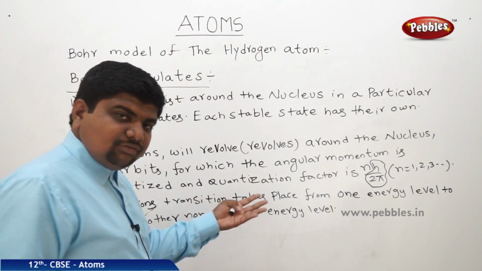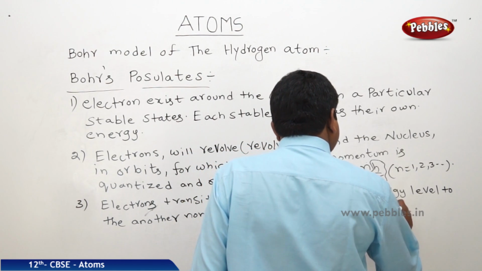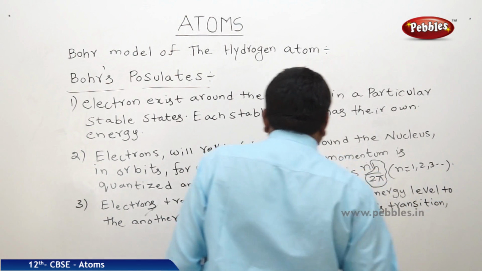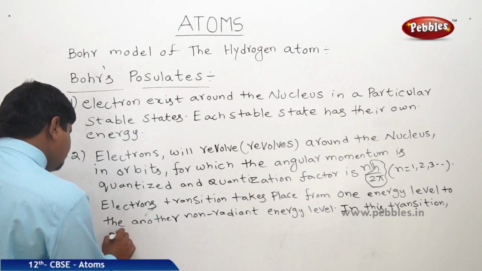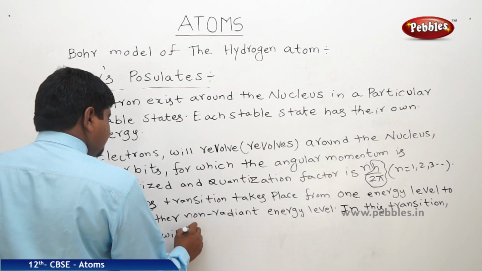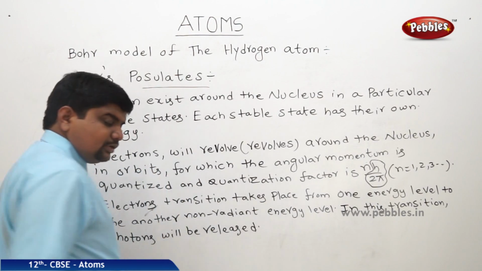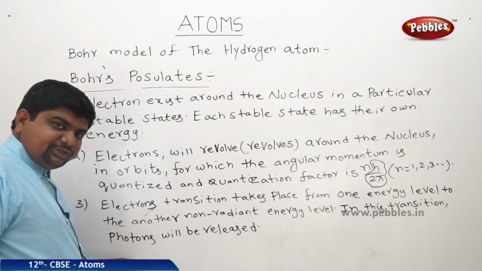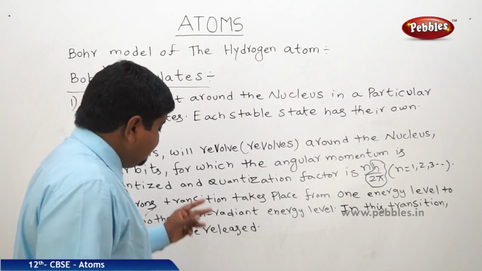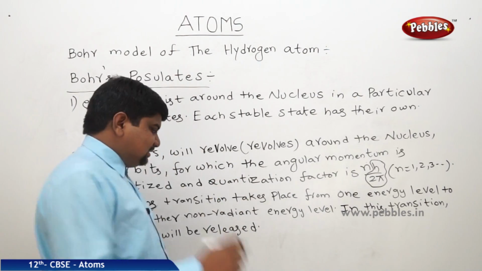In this transition, photons will be released. And the energy of this photon, which is released due to the transition of the electron from one energy state to another, is equal to the energy difference between the initial and final states.